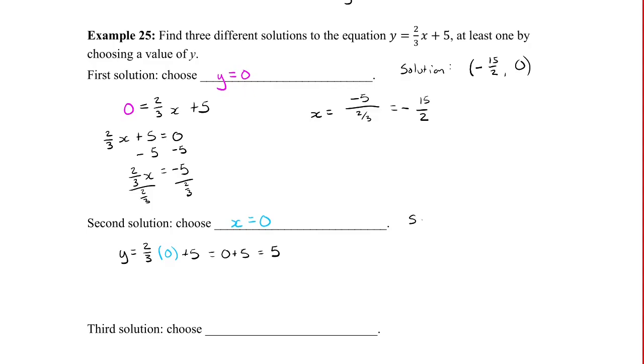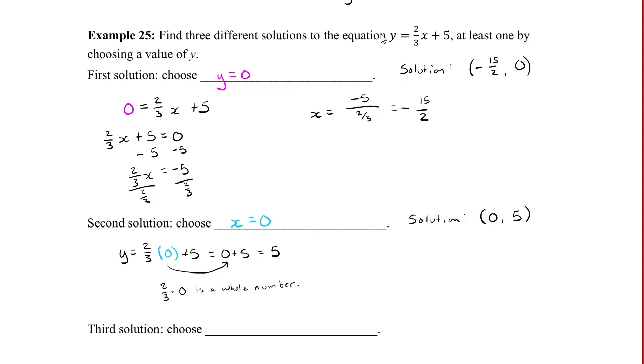So that gives me the solution x is 0, y is 5. And I notice that the reason that I didn't get a fraction in my answer is that 2/3 times 0 was a whole number.